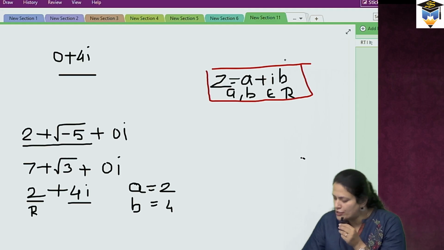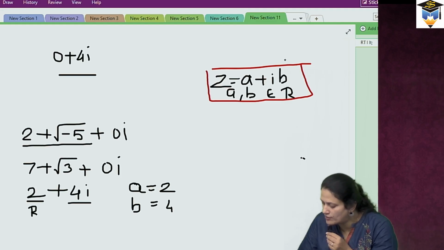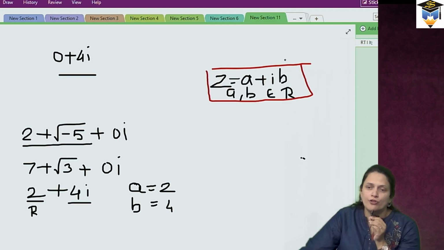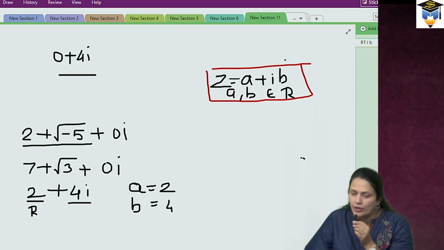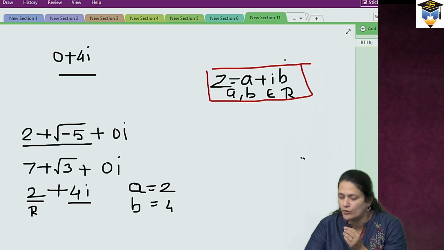Now, if you go to page number, wait, 34 of your textbook. There are a few points that are written, the 4 points which are important. I am going to read those points which are given in your textbook. A complex number whose real part is 0 is called an imaginary number.